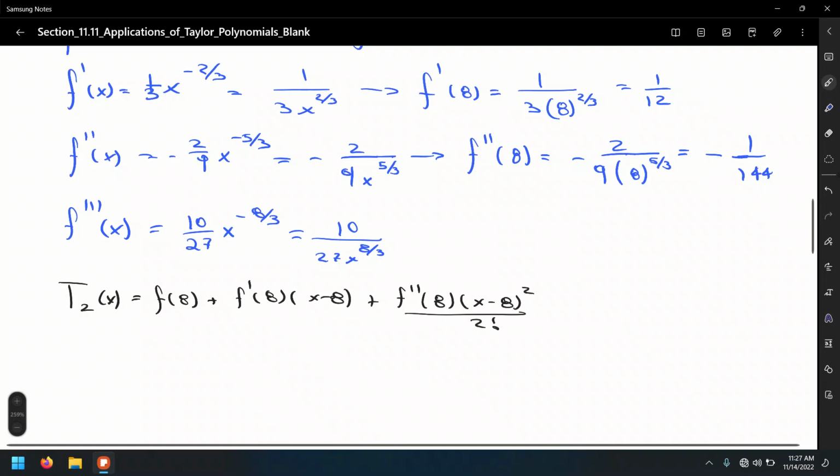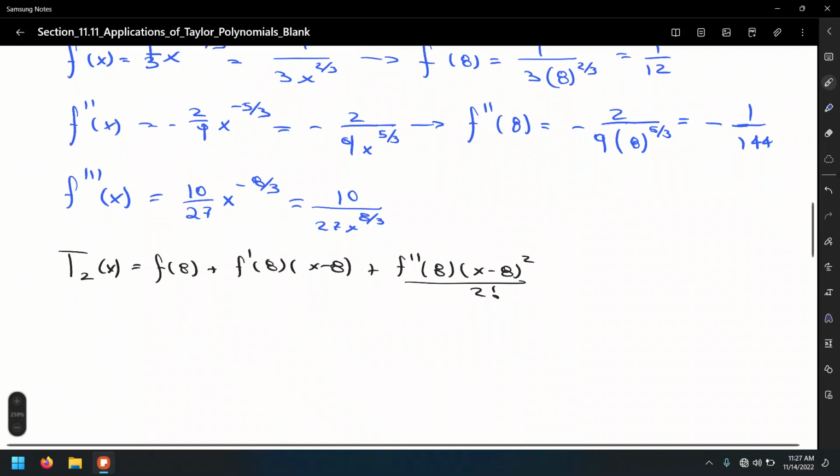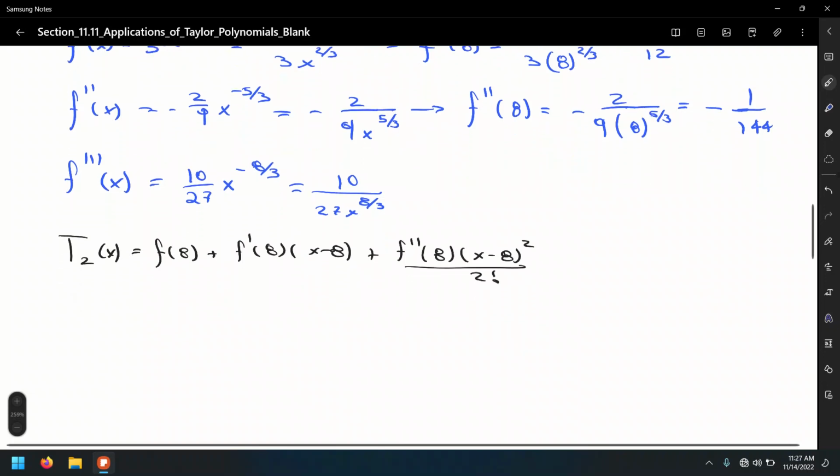In this case, I'm going to stop here. Notice that I'm not using the approximation symbol because I'm using the second degree polynomial in particular. So that's not an approximation of the function just yet.